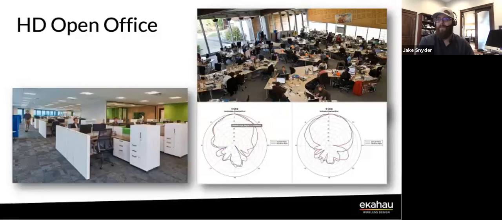And if you throw omnis in there, you really don't have a lot of control in terms of how you pull that off. You're banking everything on magic software algorithms that are going to fix everything. And unfortunately, those things try to make the best of a bad situation. Don't put them in the bad situation. Use antennas to shape where that RF goes.